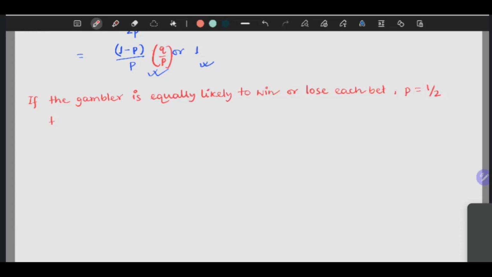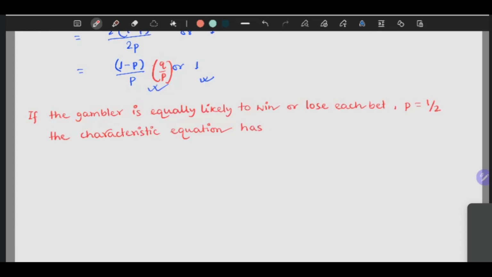So then the characteristic equation has a double root at x equal to 1. So this situation is earlier addressed, so you will not worry about it.